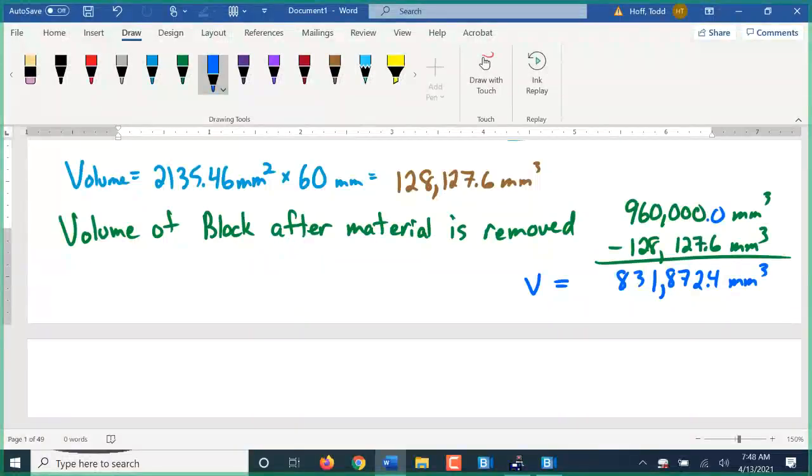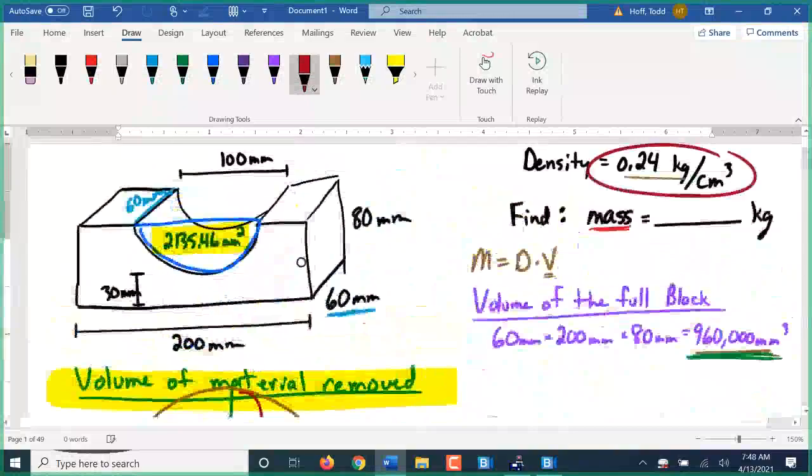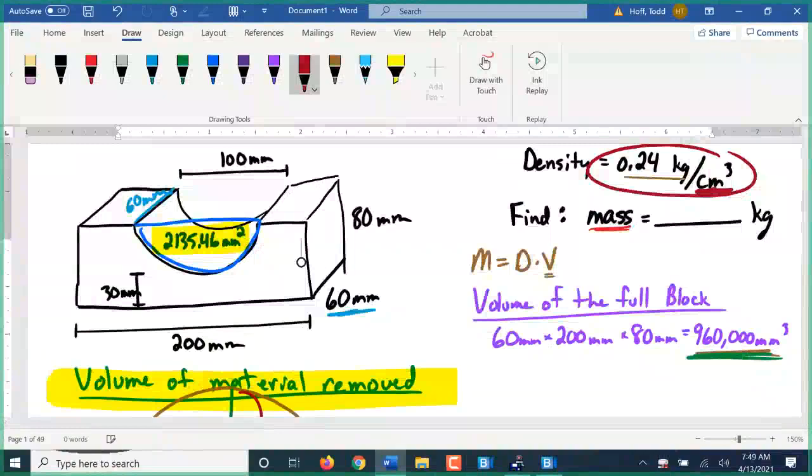However, what we're trying to find here is actually the mass. And you remember the mass is density times volume. But our density is 0.24 kilograms per centimeter cubed, not millimeter cubed.